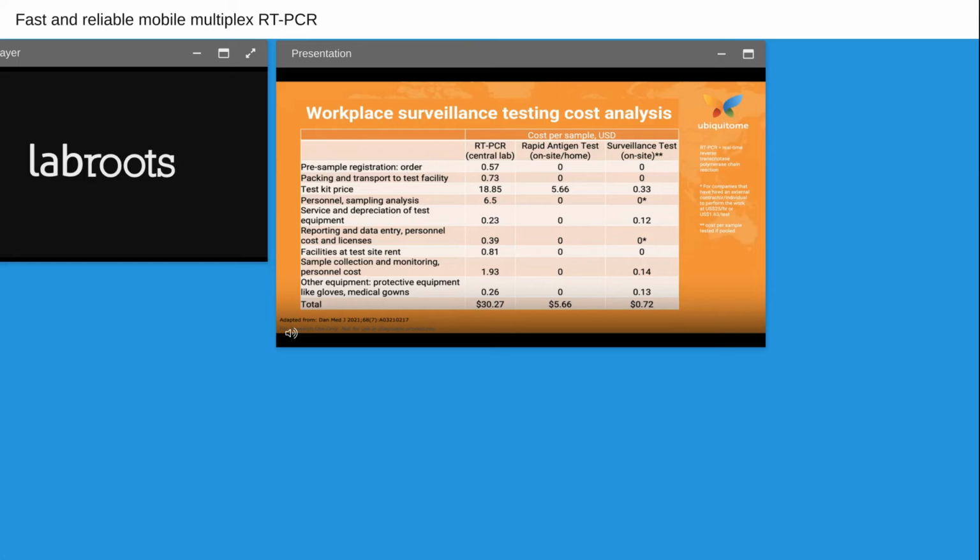So quite a significant difference when we compare the costs from a centralized lab to a rapid antigen test as well. So definitely something to consider and think about whether or not you'd like to implement on-site testing, because the cost differences are very, very significant and substantial as well.